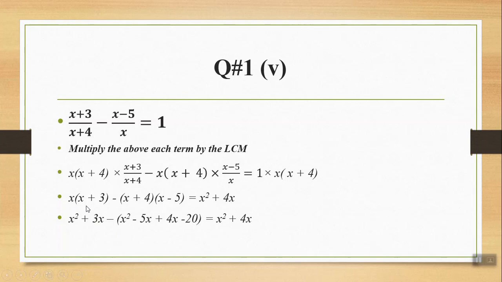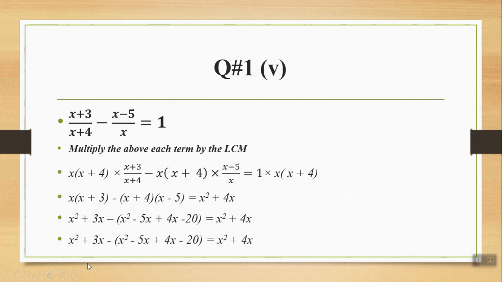It will become x into x, x square, plus x into 3, 3x, minus sign as it is, and again we multiply both these factors: x into x, x square, plus minus minus 5x, again 4 into x, 4x, and plus minus minus 5 4s are 20, equals x square plus 4x.